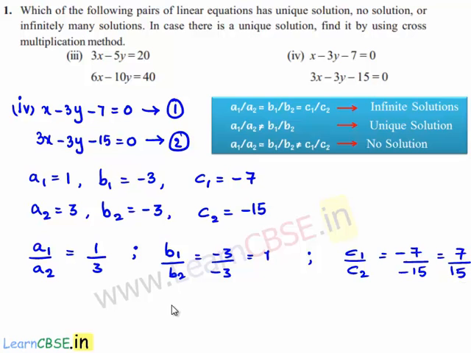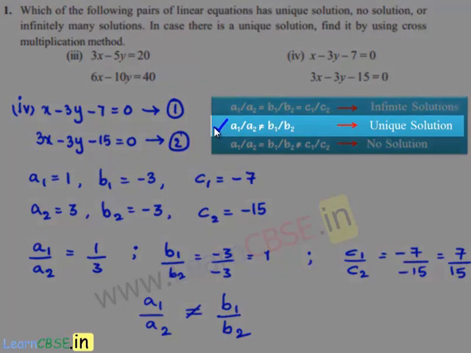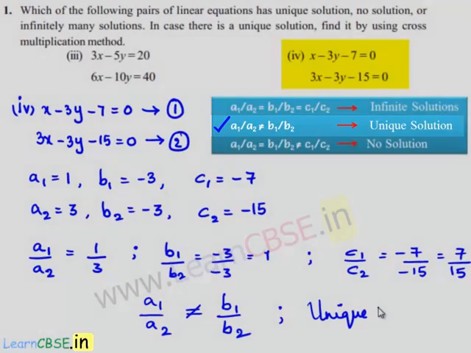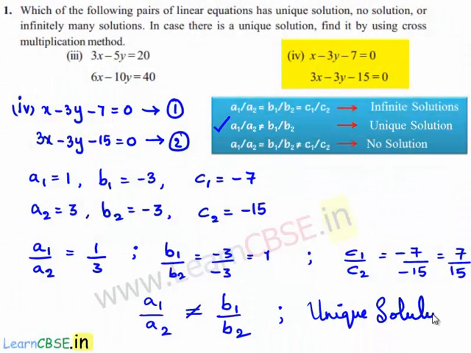So we can observe a1 by a2 is not equal to b1 by b2. So from the second condition we can say that the given set of linear equations have unique solution. It is because a1 by a2 is not equal to b1 by b2. So these pair of linear equations have unique solution.